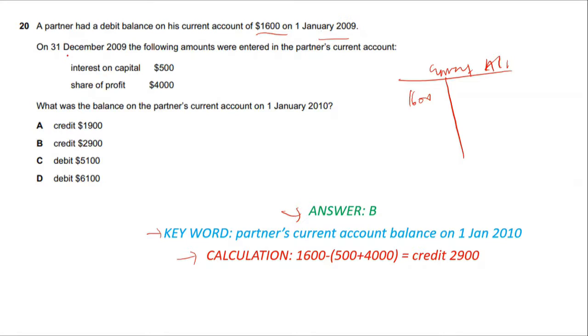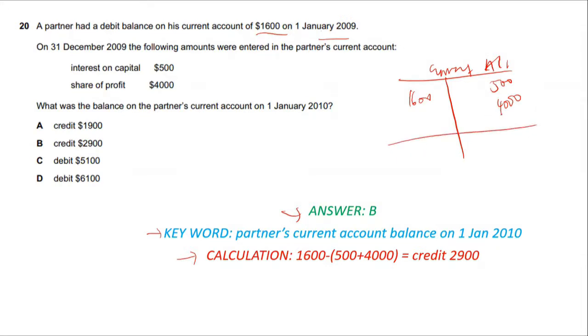Multiple choice number 20. So the partner had a debit balance of 1,600 on 31st December 2009. The following amounts were credited in the partner's account. So they appear on the credit side because these are capital items, crediting items. Now we need to calculate the closing balance that the partner's account would have.